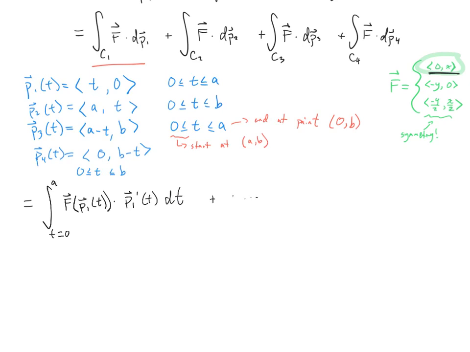Okay, and plus, I'm going to figure out all these other ones later, okay? So for f of P1 of t, I take f and I plug in my x value and my y value from P1 of t into f. So f of P1 of t, let's write that in black.